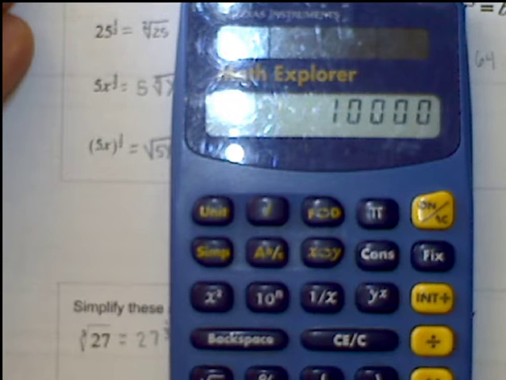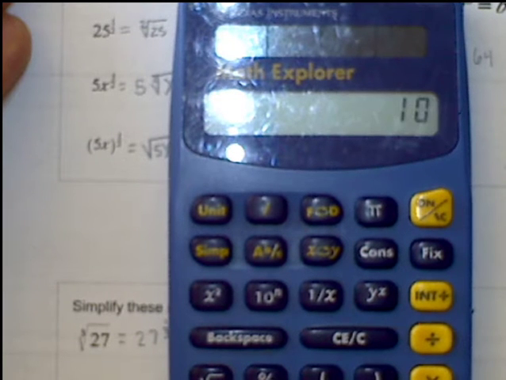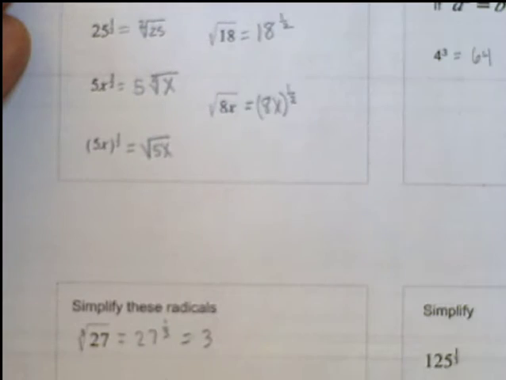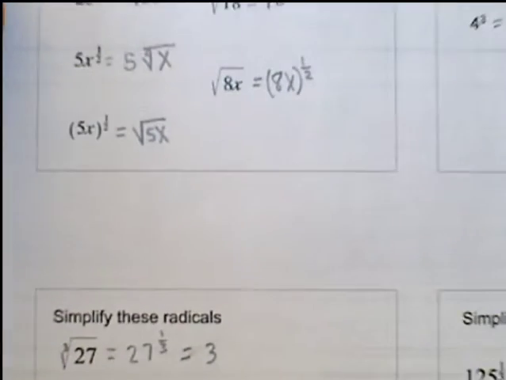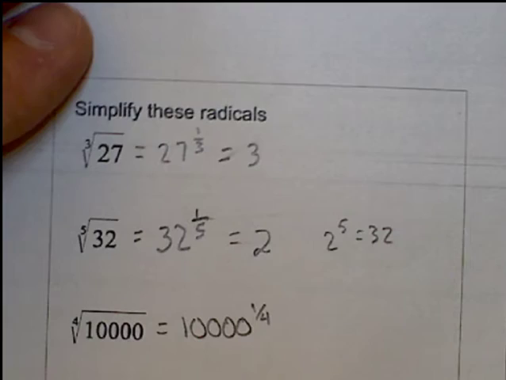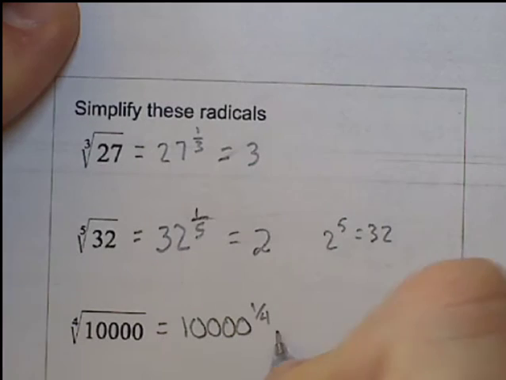Okay, and then put in 1/4, equals 10. Okay? How would you get on this one? I don't think those calculators have the same button. I've tried to figure it out this morning how to get it on these calculators. I can't do it. So 10.